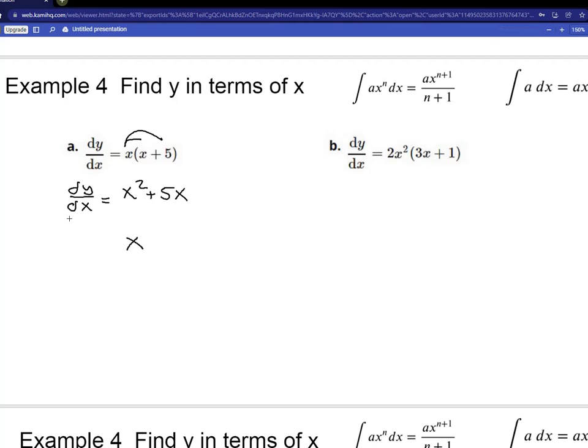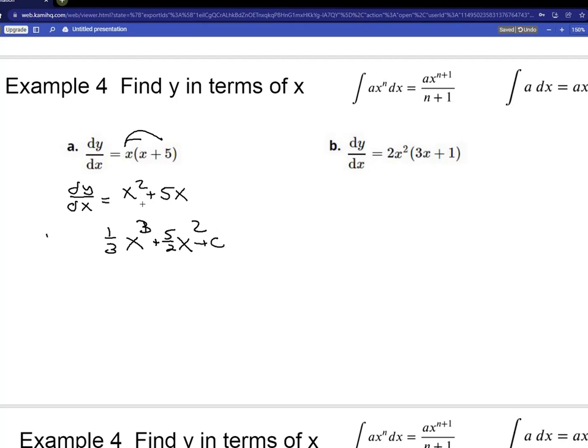You get the power of 3, and then you get 1/3 x to the 3. And then with that, you write down the x, you add 1 to the power, and then you get plus 5/2 x to the power 2. Right. Okay, and then we'll put a plus c.